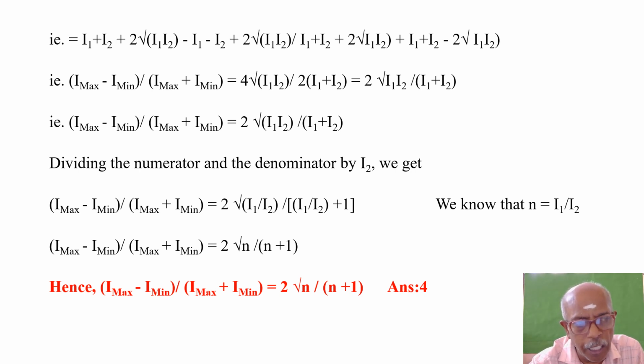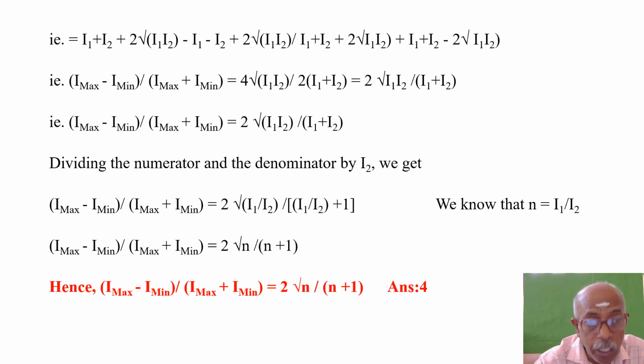So square root of I1 by I2. You are dividing the numerator by I2. That is why 2 into root of I1 by I2. Then what about the denominator? I1 plus I2 divided by I2, so I1 by I2 plus I2 by I2, which is 1, is it not?